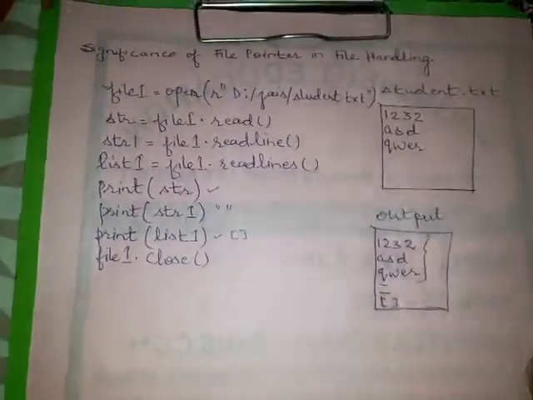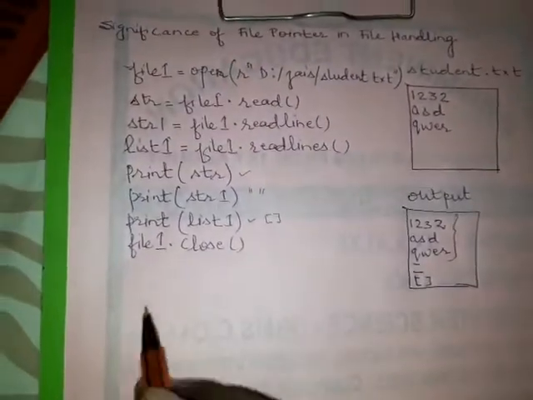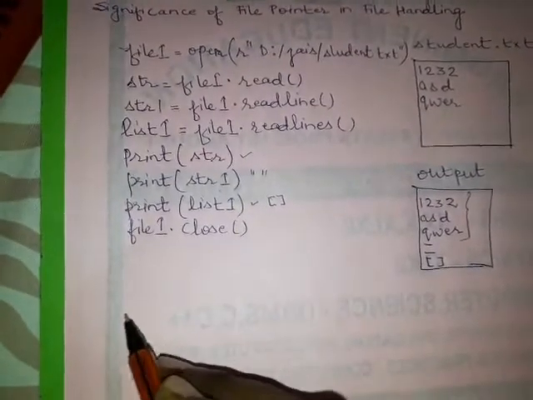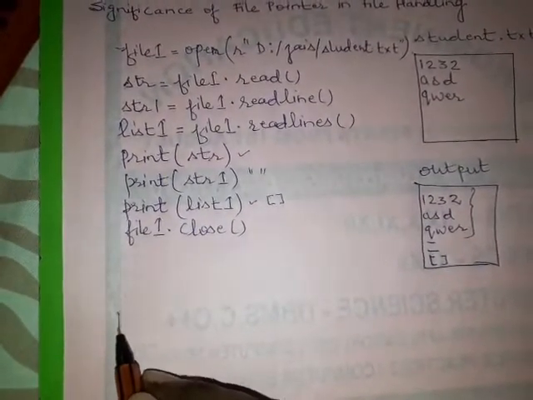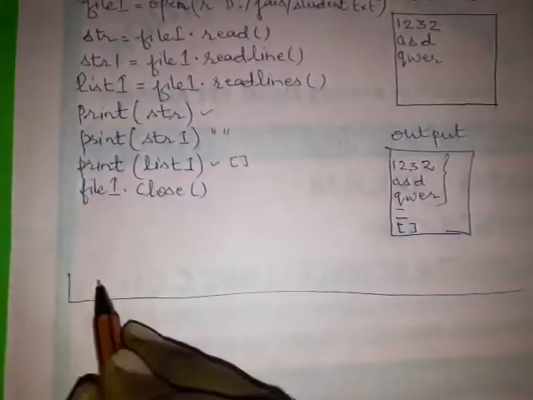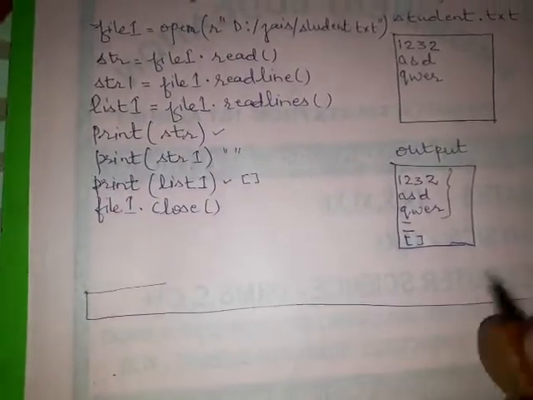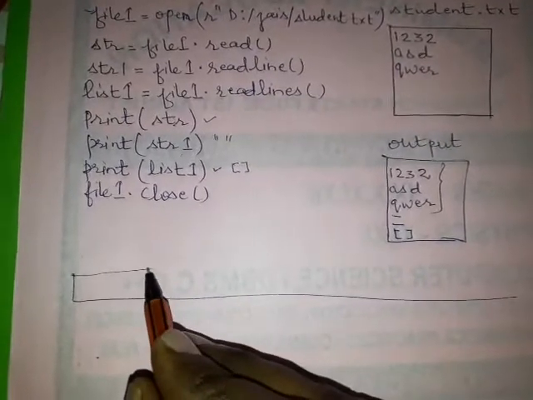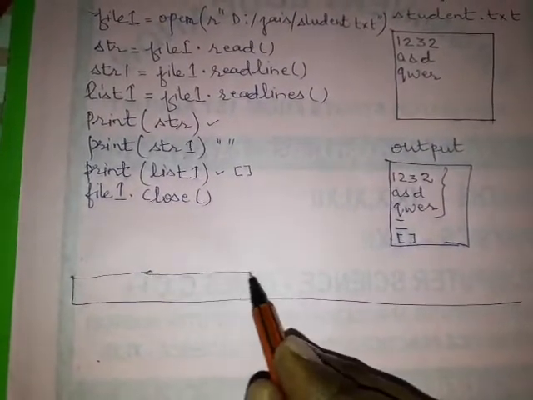So let us see how the file handler will handle all these three functions. Suppose this is the memory space of our file. This is the memory area in which the content of the file is written.